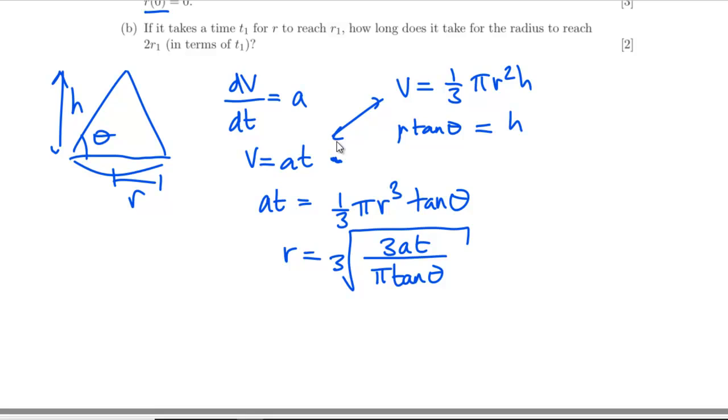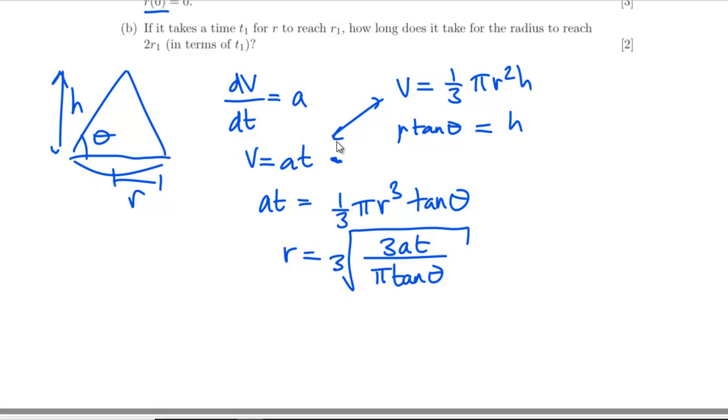If it takes a time t1 for r to reach r1, how long does it take for the radius to reach 2r1? Let's read that again. t1 to get to r1, and then we're doubling the radius. We've got a connection here: we're cubing the radius to get to the time.